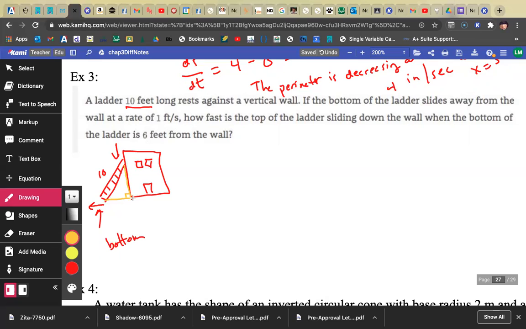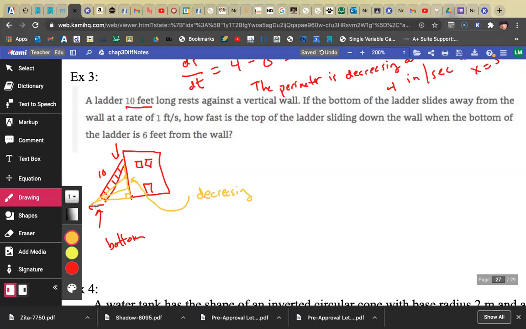So if I think about that, now I'm gonna just think about it geometrically. What's happening is this is a right triangle. This is coming down. So this length right here is decreasing, because this is going to come down. Maybe it's going to stop here.